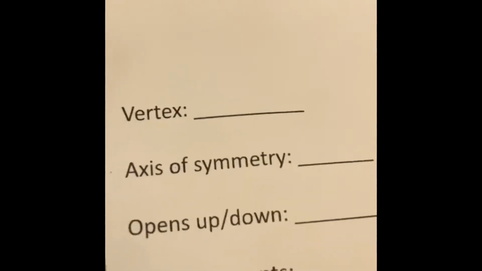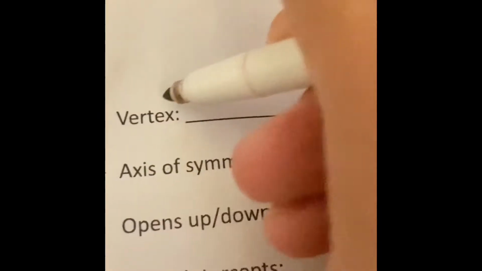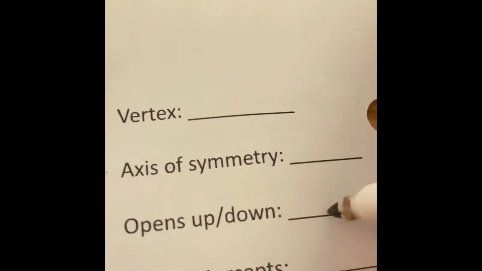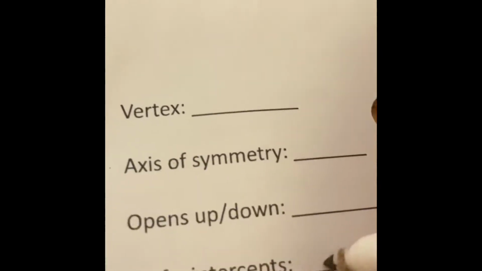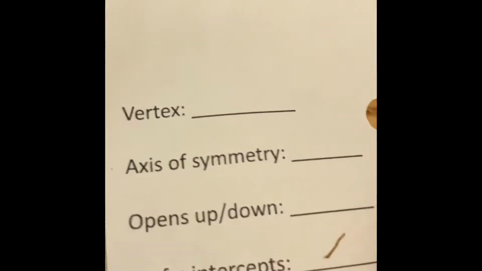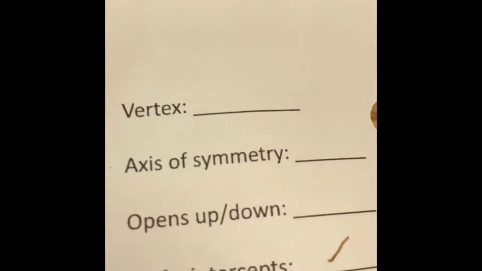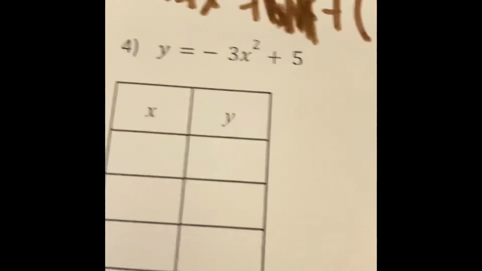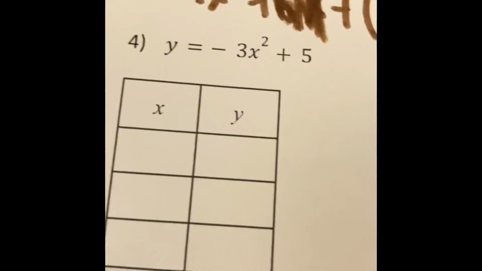The vertex, axis of symmetry, whether it opens up or down, and the number of x-intercepts are going to help us understand what the parabola will look like on the graph. So let's start. y equals negative 3x squared plus 5.